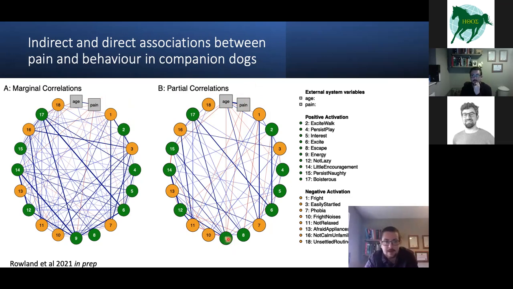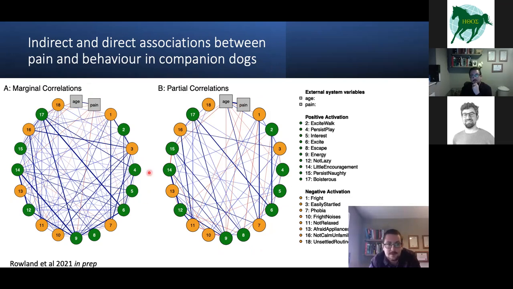And the interesting thing is that if we look at this energy item, we see that it has positive relationships with pretty much every other item, except a couple, that make up the positive activation sum score measure. So a lot of these indirect edges that you see in this network may well be mediated via this primary direct effect here.